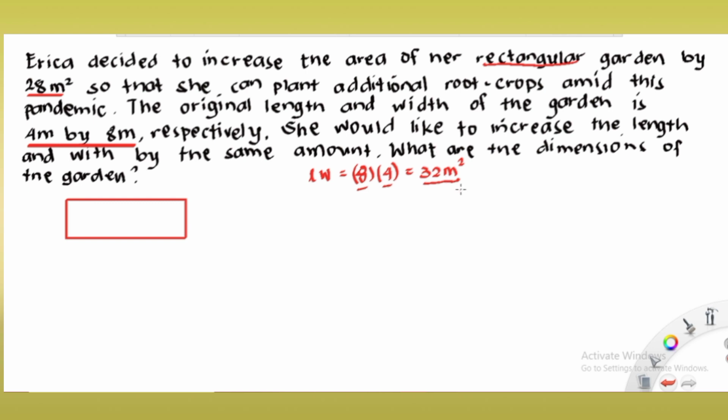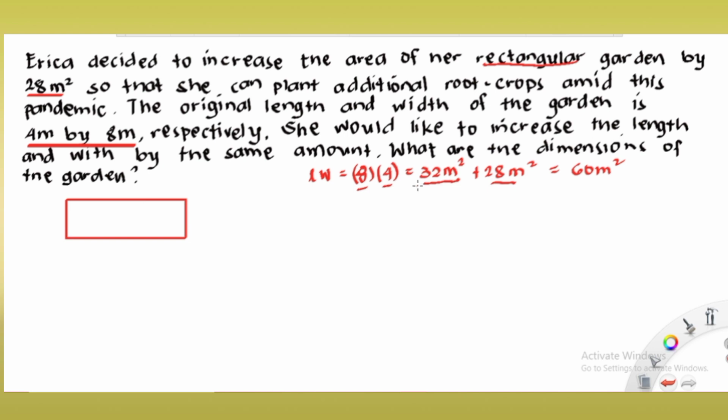So, from 32 meters squared, gusto niya itong dagdagan ng 28 meters squared. Okay po? So, from the area 32, dadagdagan siya ng 28 meters squared. So, pag inadd natin yan, ang magiging kabuuan, ang masasakop na ng kanyang garden ay 60 meters squared.